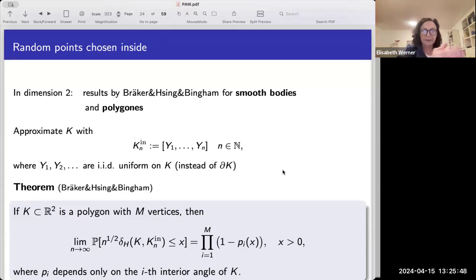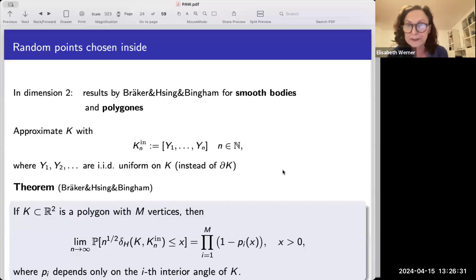What they have is this result on the distribution function: as the number of points n goes to infinity, the probability that n to the 1/2 times the Hausdorff distance between K and this random polytope inside K is smaller or equal than x is equal to the product, i from 1 to m, of 1 minus pi of x. The function pi of x depends only on the interior angle of K, and they have an explicit expression for this function.